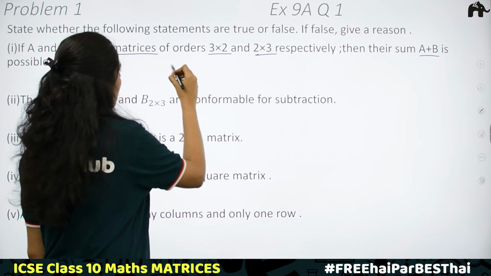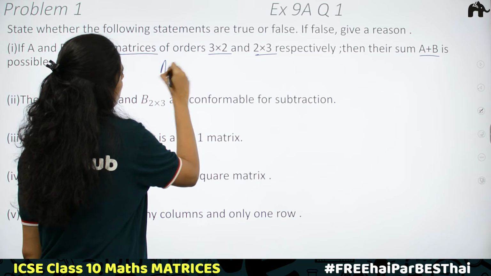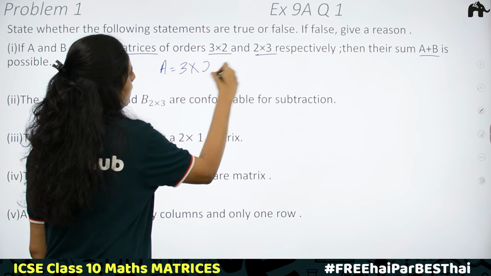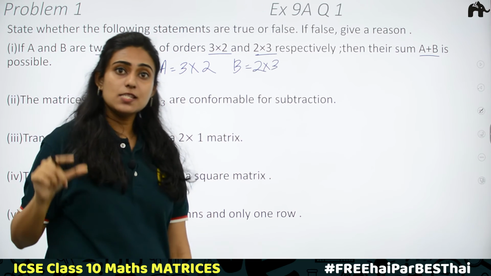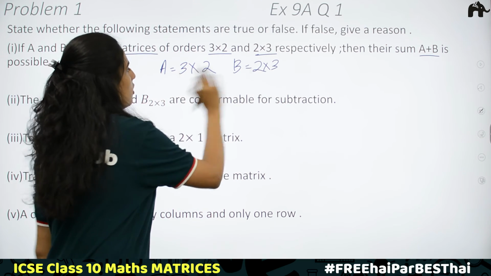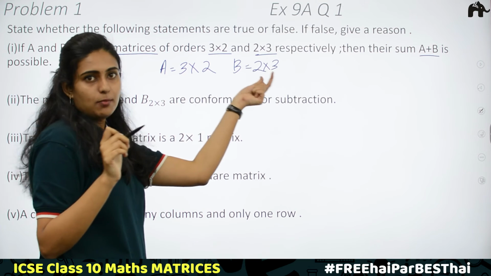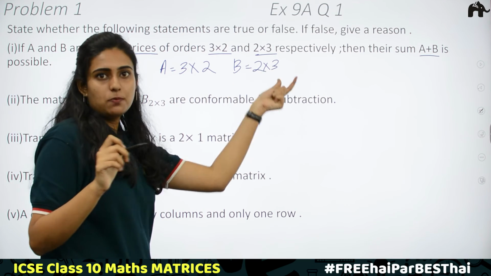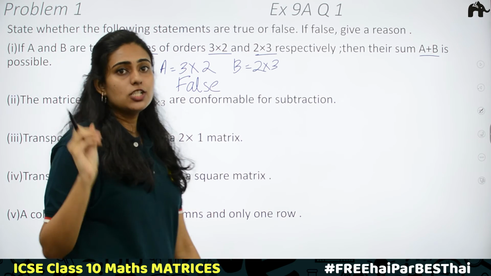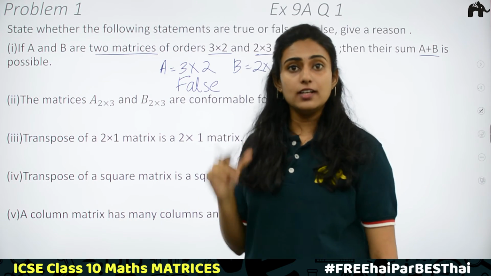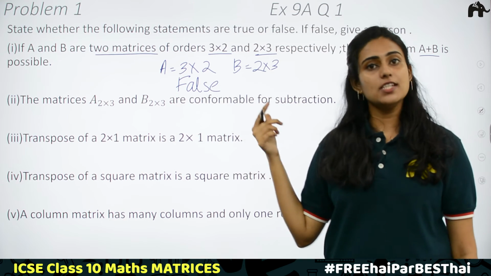We know addition is possible only if they are of the same order. They are not of the same order. Therefore, addition is not possible, which means the statement is false. And the reason is that addition of matrices is possible only if the matrices are of the same order.